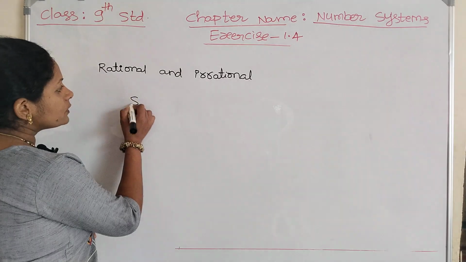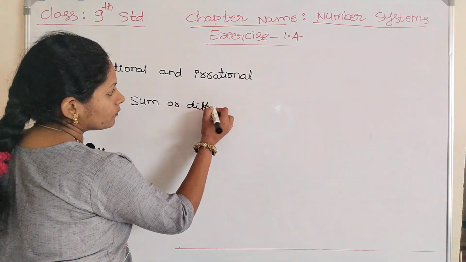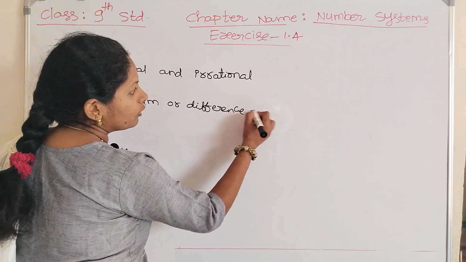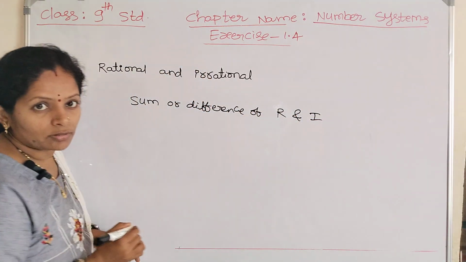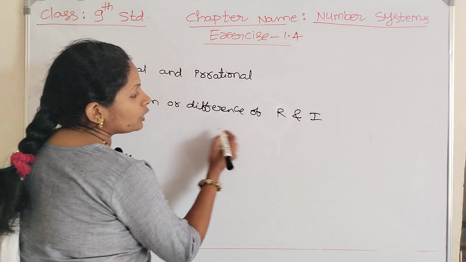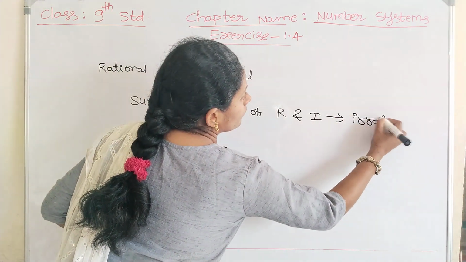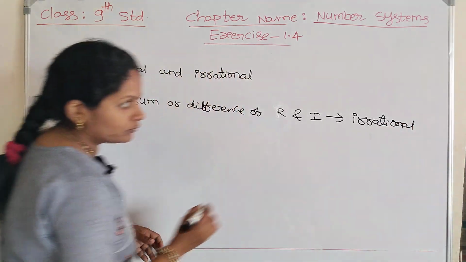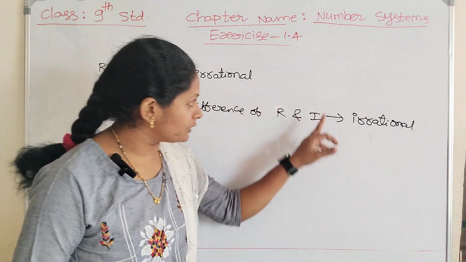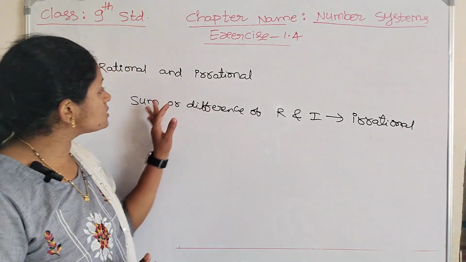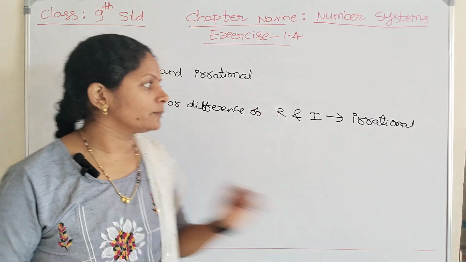If we perform the sum or the difference of a rational number and an irrational number, then we always get an irrational number. That means if we take one as rational and another as irrational, and perform the sum or the difference, the resultant will be an irrational number.